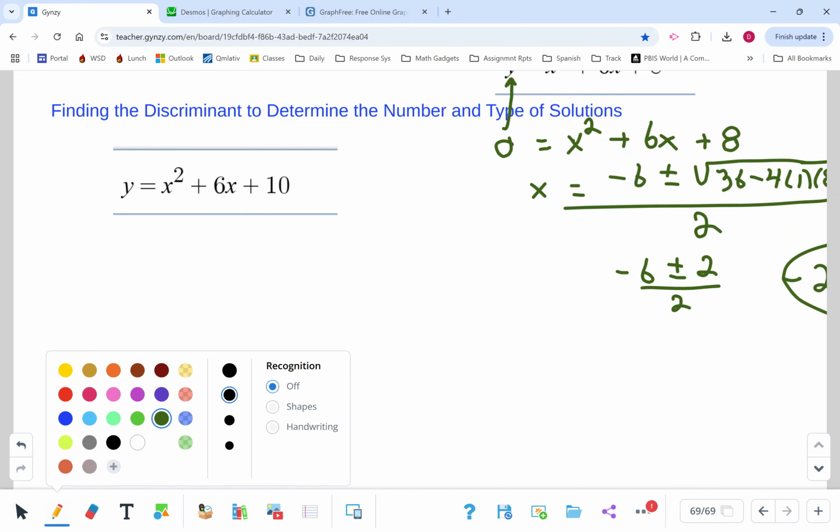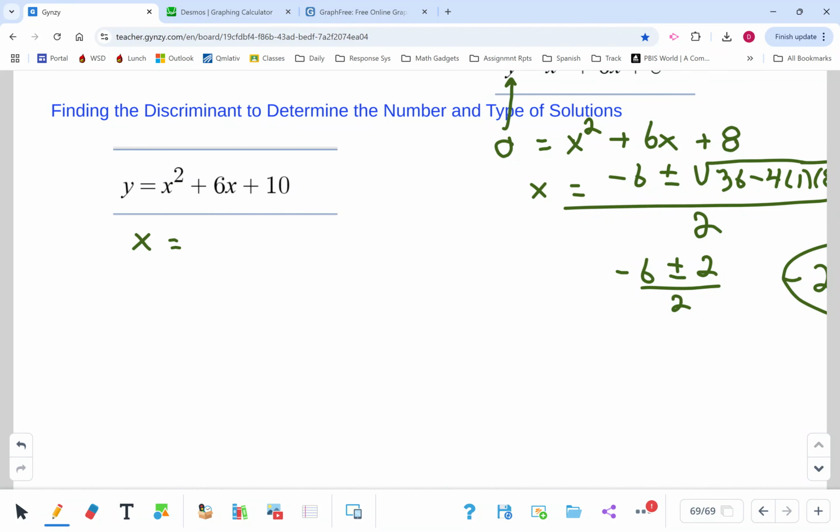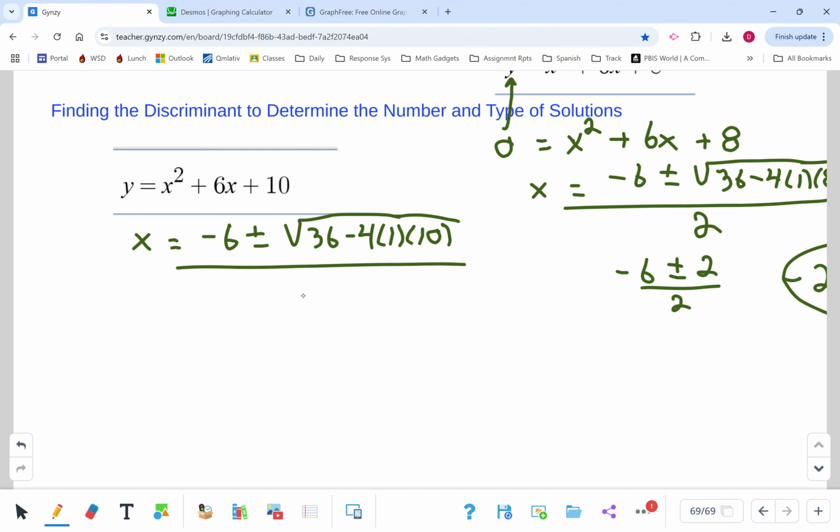So x equals -6 plus or minus the square root of 36 minus 4 times 1 times 10, and everything divides by 2 times a, but a is 1. So now I get -6 plus or minus the square root of 36 minus 40, so -4, over 2. Well, the square root of -4 is not a real number.